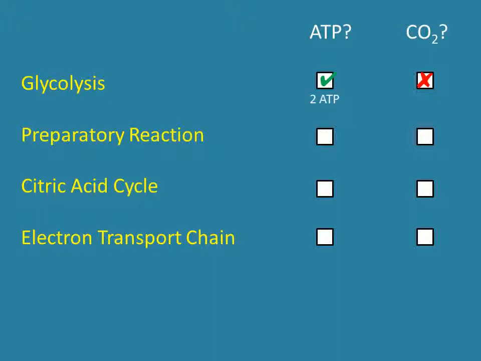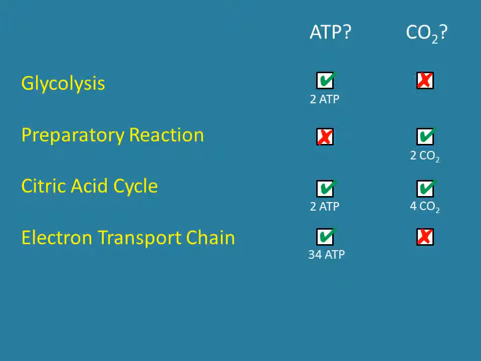Okay, so glycolysis, the first step, will make 2 ATP, but remember it's just breaking glucose in half. No CO2 are produced during that step. The preparatory reaction does not generate any ATP, but we did make a couple of CO2 molecules. The citric acid cycle, a couple of ATP were made during this process, and the remaining carbons from that original 6-carbon glucose molecule have been oxidized to CO2.